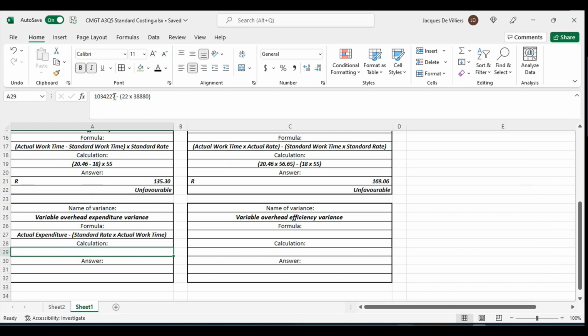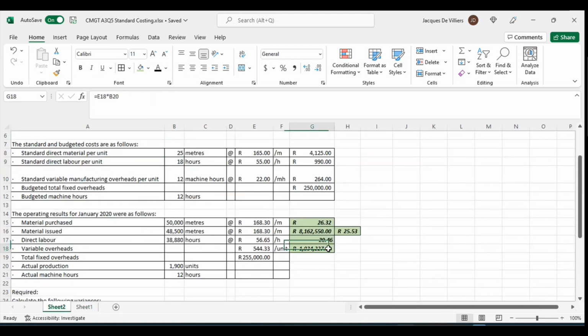We are sitting here with an amount of 1.034 million. Where did I get this? The variable overheads, they gave it to us as 544.33 per unit, but they also gave us the units. So I can calculate my variable overheads. That's why I did that calculation from the start. So my true variable overheads is 1.034 million.